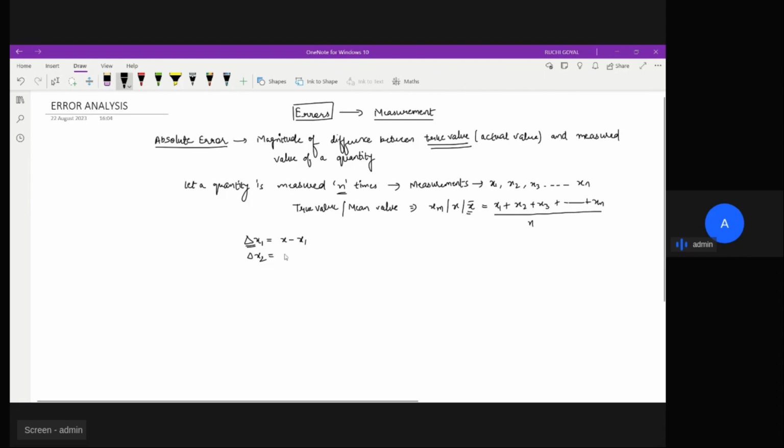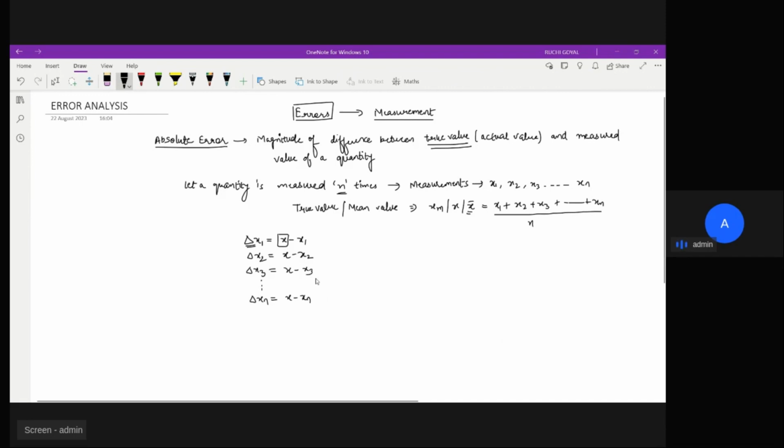Delta x2 will be x minus x2. Delta x3 will be x minus x3. This x is the mean or actual value. So up to delta xn, it will be x minus xn. So this is how we find the absolute errors.